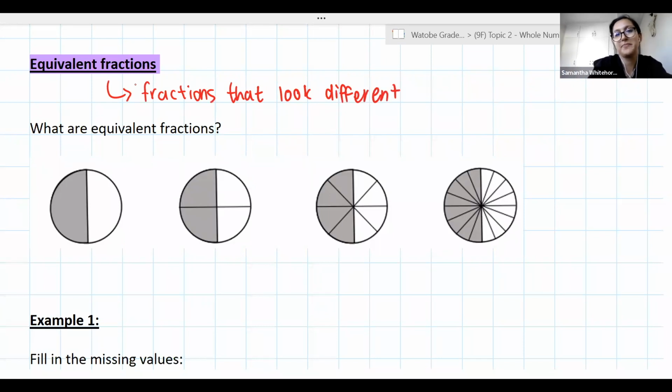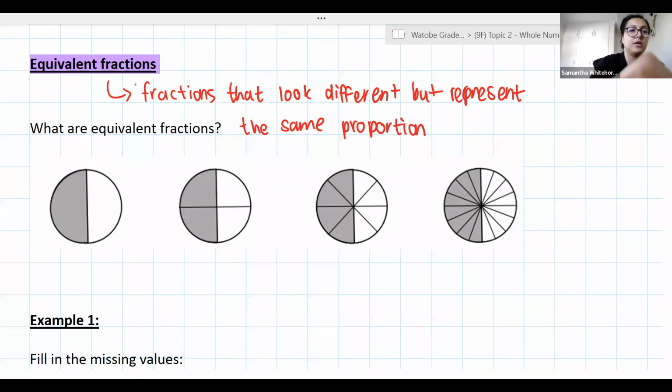These are fractions that look different but represent the same proportion. You can look at those pizzas down at the bottom and try to think how you could write those as fractions. If we have a look at those pizza diagrams, in the first one we've got 2 parts.